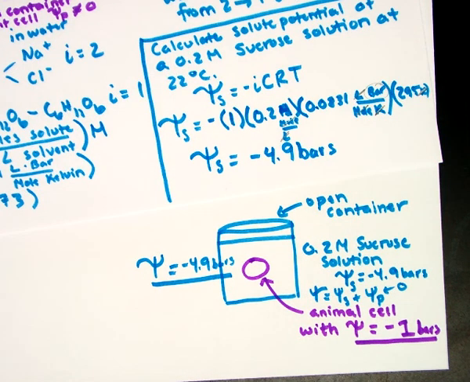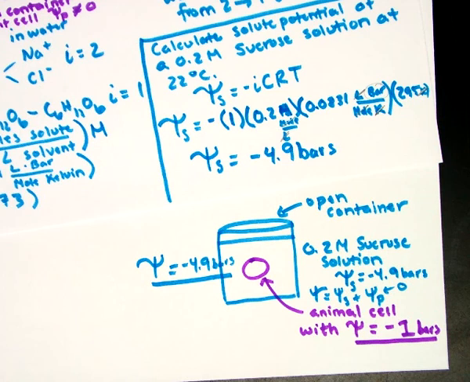All right. So, before we talk about the answer, let's make sure we're clear. Inside of the animal cell, the purple circle, the psi value has already been given to you as -1 bar. The psi value of the solution in the open container is -4.9 bars.